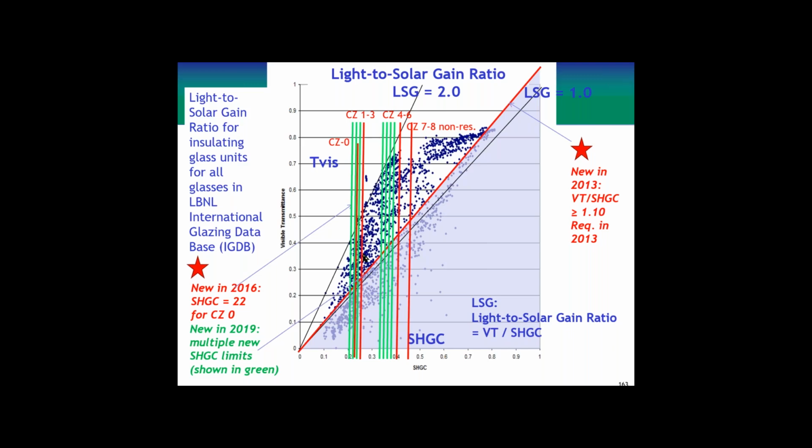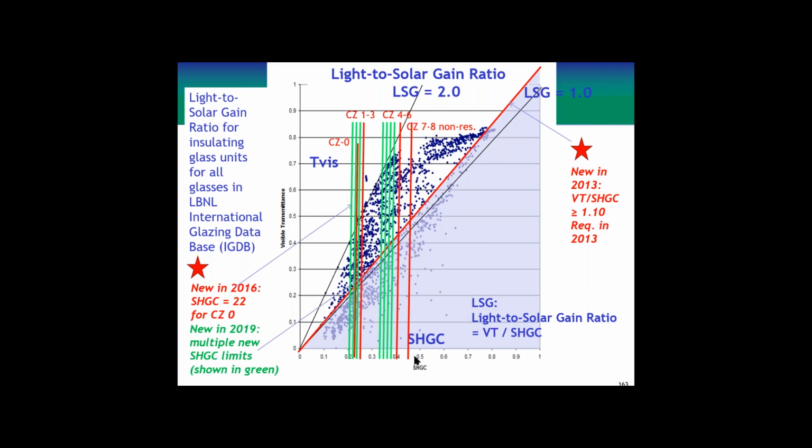That's when it's useful to put in light in the visual spectrum that allows you to see, so it's good for daylighting. SHGC is how much heat is passing through that window: the solar heat gain coefficient.